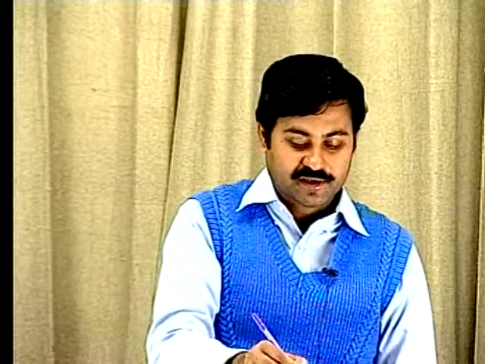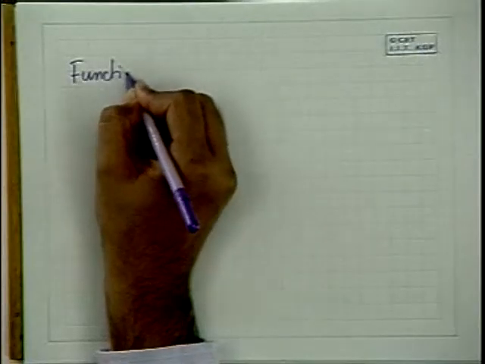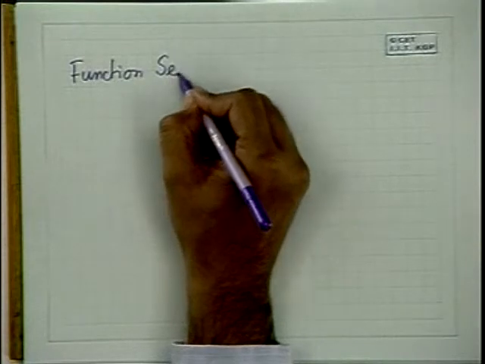Now, let me give you the algorithm for searching in a binary search tree. I'll give you the C code for searching binary search trees, and I already told you how to do it. So, function search.